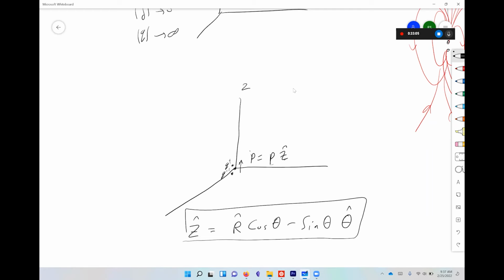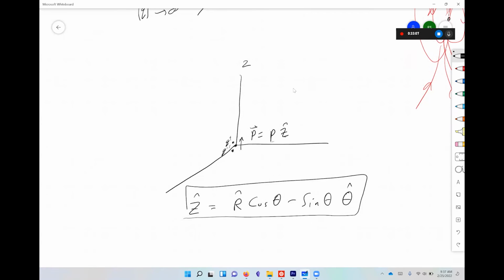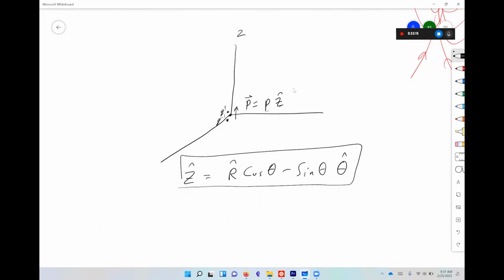I want to go to spherical coordinates because the field of the dipole is symmetrical. Because it's symmetrical, it's going to be better to use spherical coordinates. So I can write P in this case as P magnitude times (r hat cosine theta minus theta hat sine theta).